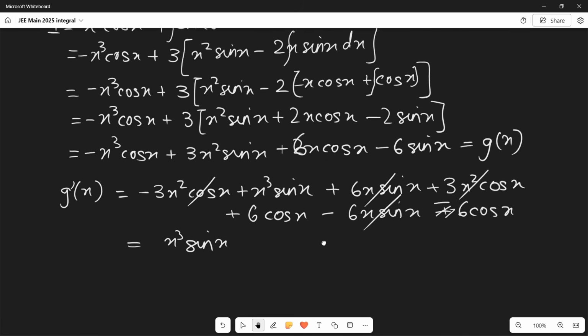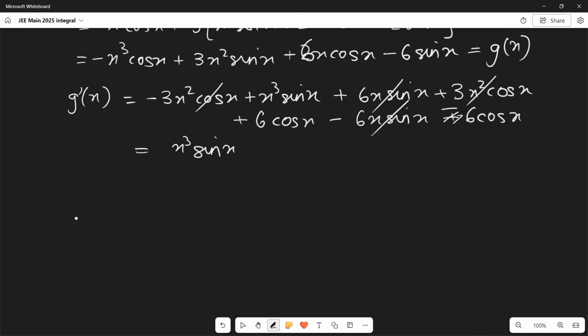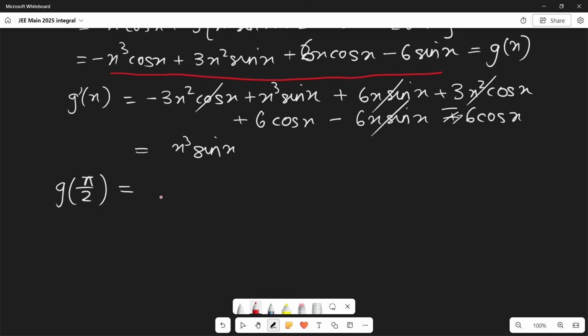All right. So we have g x and g dash x. Now g of pi by 2 is, so we are plugging pi by 2 into this function right here. So it will be minus pi by 2 cube, this becomes 0. This is 3 times pi by 2 square, this is 0 and this is minus 6.